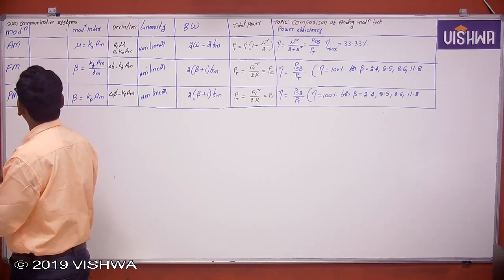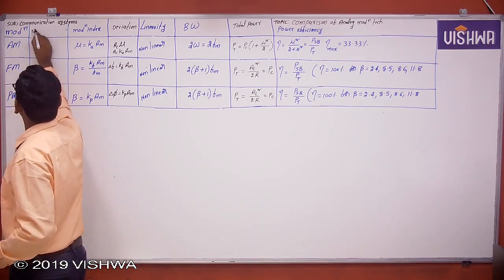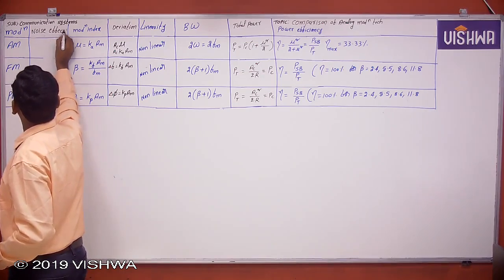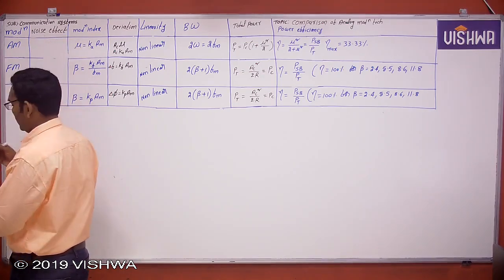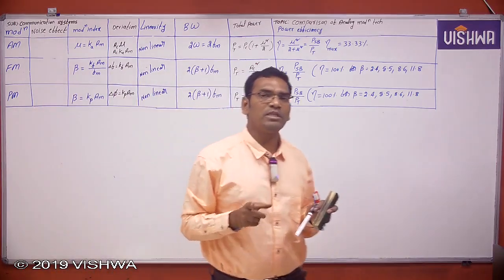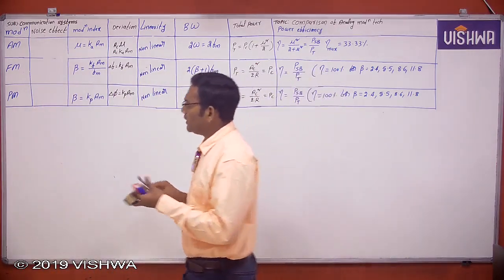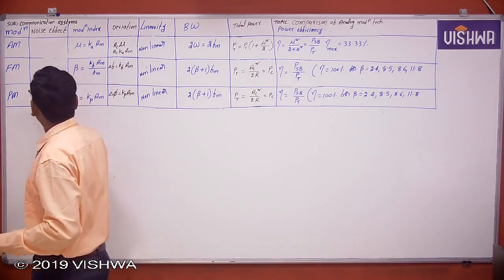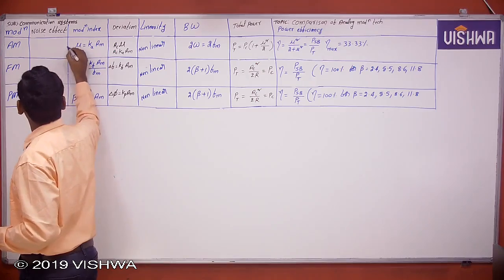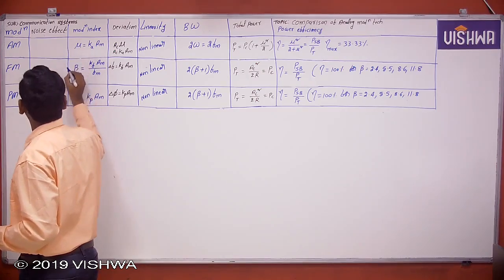What about the noise effect? Now we are not doing the noise analysis, but you are in a position to say the noise behavior. How can you say how much noise there is in AM, in FM, in PM? How can you identify?